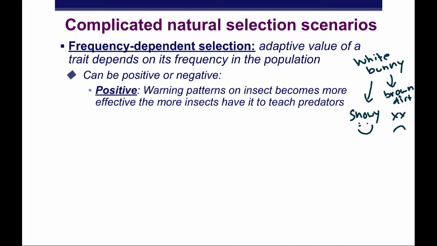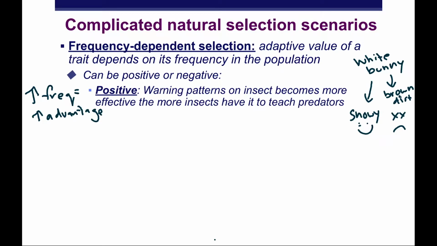Okay, so an example of frequency-dependent selection where that adaptation isn't always going to be an advantage is positive versus negative scenarios. A positive scenario is a good version where, if the trait is very frequent, you're actually more likely to be protected. So positive means more frequent, higher advantage, okay?